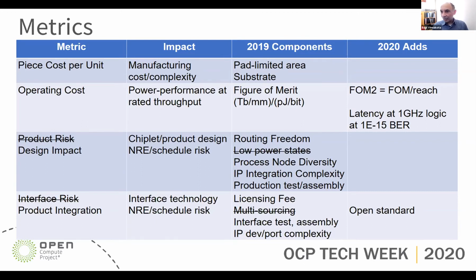What kind of porting complexity do you get when you try to move the IP from one process node to another, etc. And the one specific add-on we have for 2020 is that where possible, if you claim to be proprietary, we want a clear link to an existing open standard that somebody can point to and retrieve. That's one big ask.